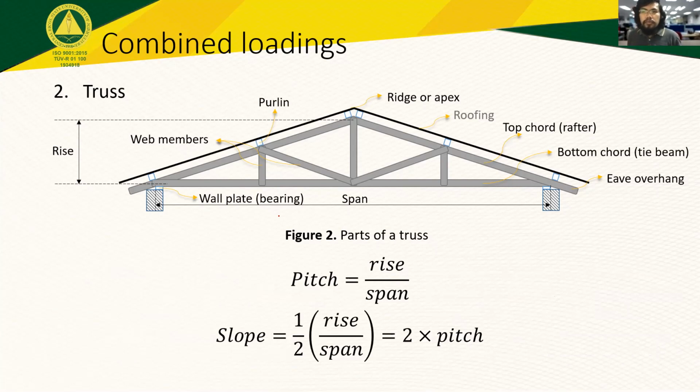If you see that, it's going to be the pitch, and the slope is just 1/2 of the rise over the span, or twice the pitch. I think this has to be corrected. I'll see and update this.